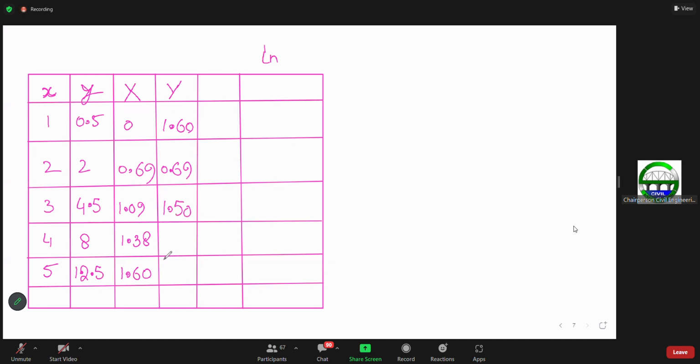And natural log of 8, 2.08. And natural log of 12.5, 2.53.